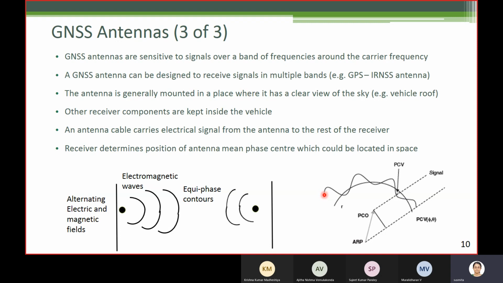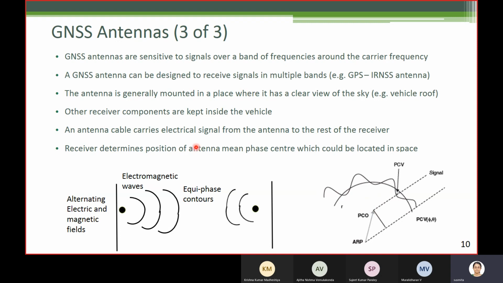So that is the mean square error, the sum of the square of errors. And this sphere is fitted by minimizing that sum of the square of error. Then the center of that fitted sphere, the globally fitted sphere, is the average or mean phase center.